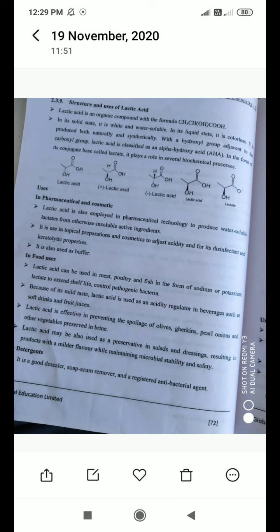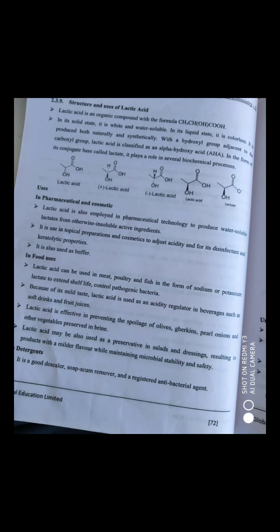Then, in pharmaceutical and cosmetic uses we have seen, what is next? In food uses, lactic acid can be used in meat, poultry and fish in the form of sodium or potassium lactate to extend shelf life and control pathogenic bacteria. It means these are salt forms of lactic acid, like the potassium salt and the sodium salt.